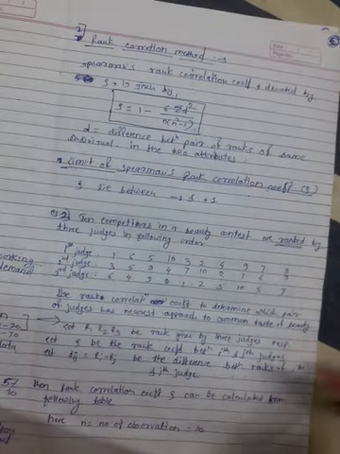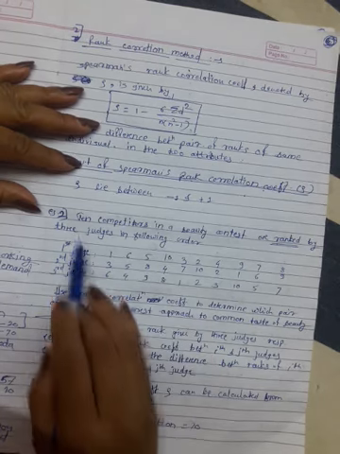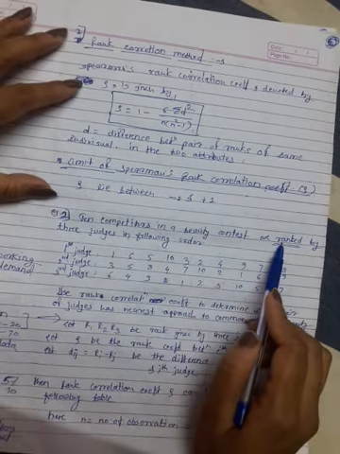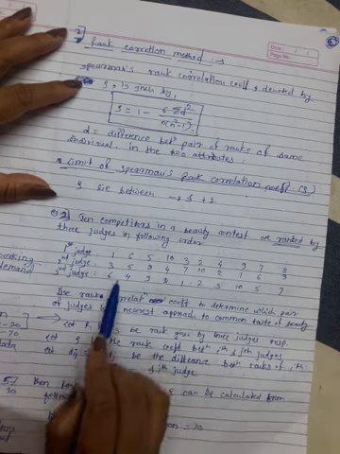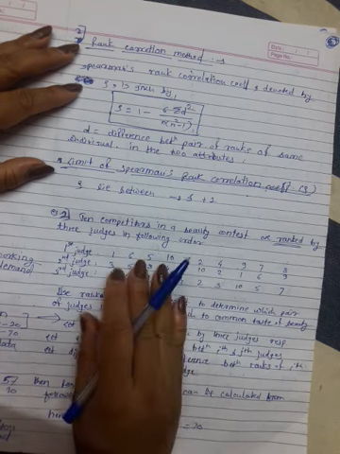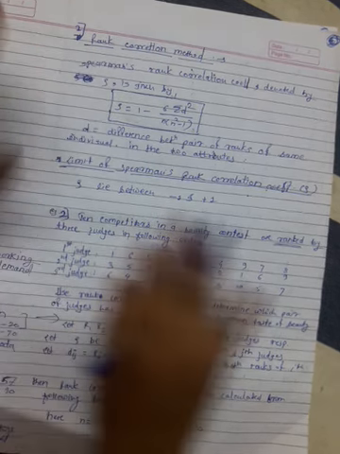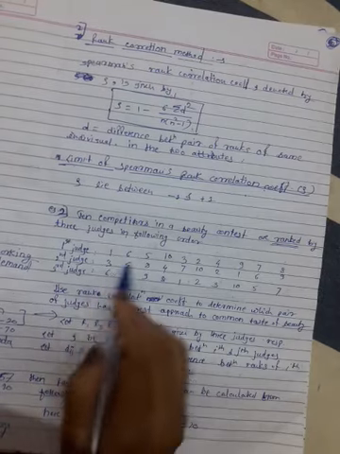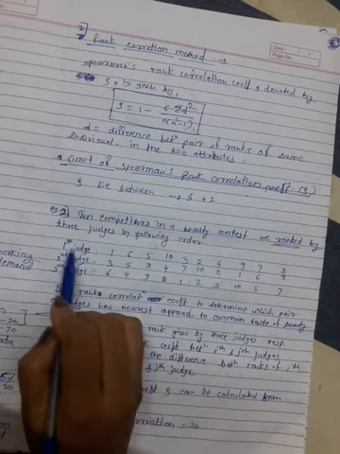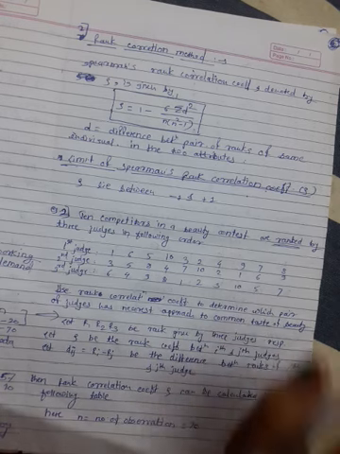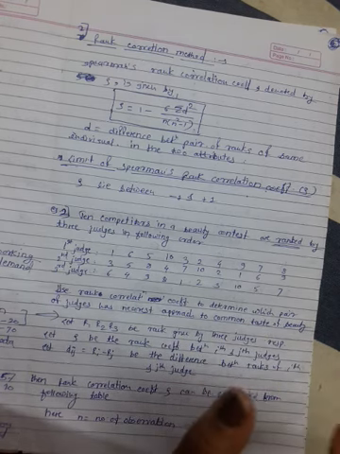In this example, read the question carefully. Here, ranked by means these are the ranks, not marks. That's why for this particular example we don't need to calculate rank. Now the ranks are given by 3 judges in the following order: judge 1, judge 2, judge 3 give these ranks to the 10 participants.